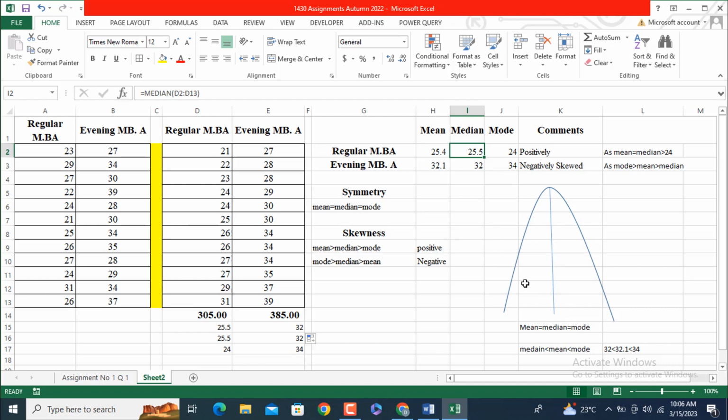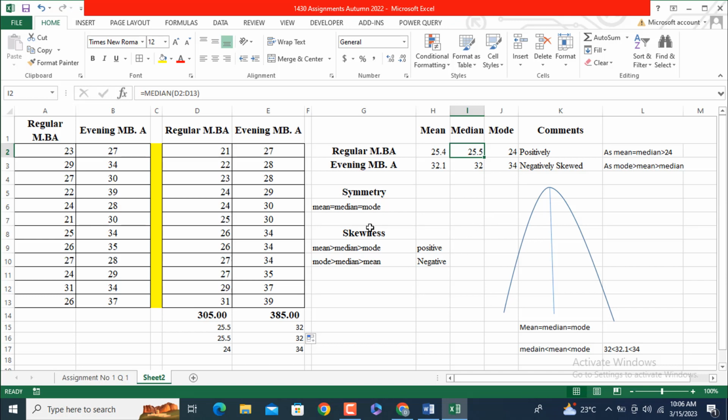Symmetric means it has a bell shape with two equal sides. Point 0.5 is here and point 0.5 is there. But if more data lies on the right hand side, it means there is a negative skewness. If more data lies here, it means there is a positive skewness. Let's see in the explanation further.